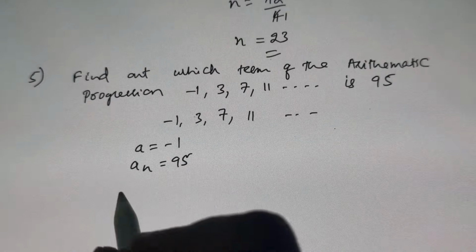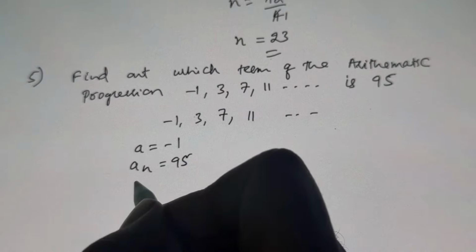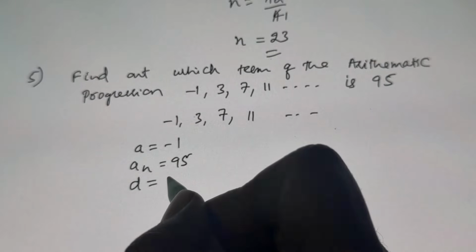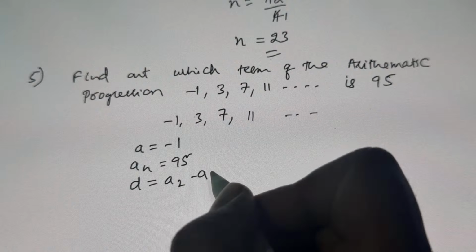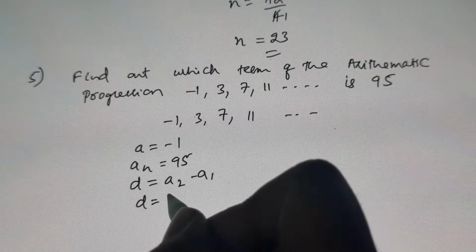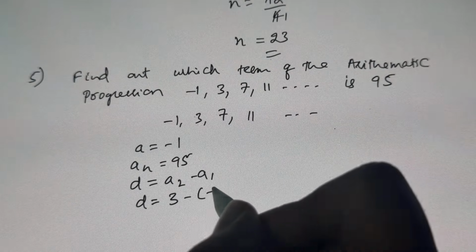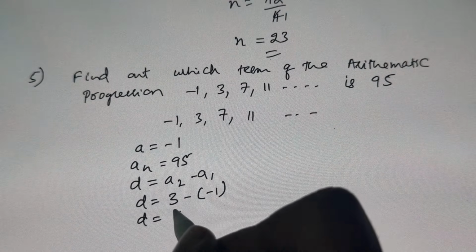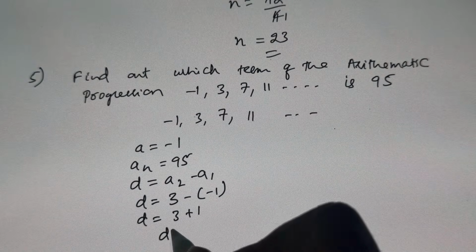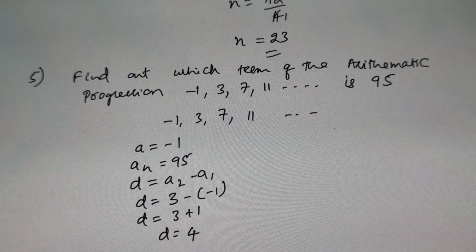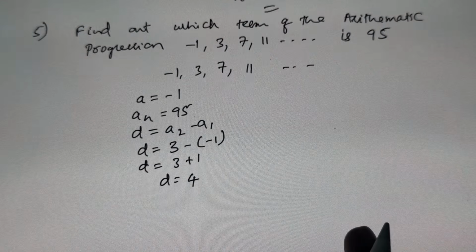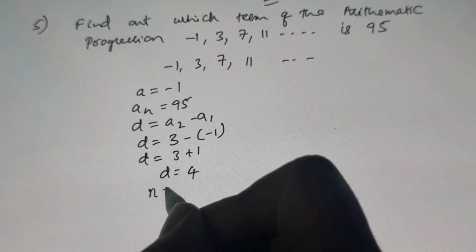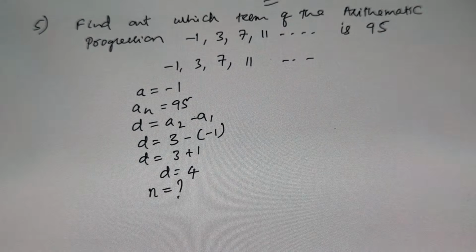So we need to find the common difference, that is d is equal to a2 minus a1. So d is equal to a2 is 3 minus a1 is -1. So minus into minus is plus, 3 plus 1, therefore d is equal to 4. Common difference is 4. Now the term we need to find is n, that is equal to question mark.